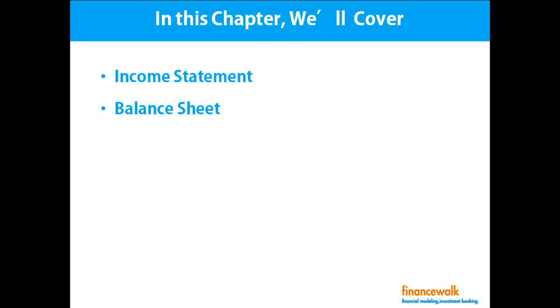So let's see which values are important in the income statement and balance sheet. Reading the annual reports of the company gives basic information about the company and the industry in which it operates. Reading this chapter would enable you to understand the components of financial statements, how to use financial information, and the importance of financial statements for security analysis.